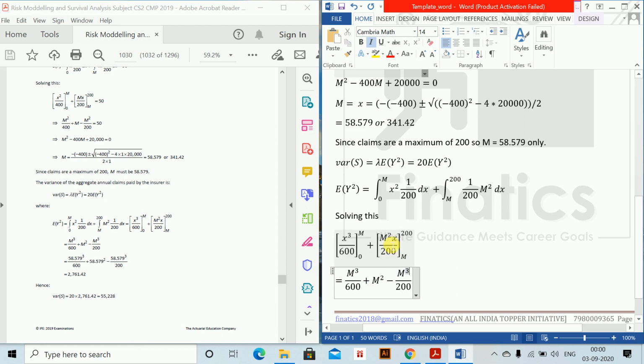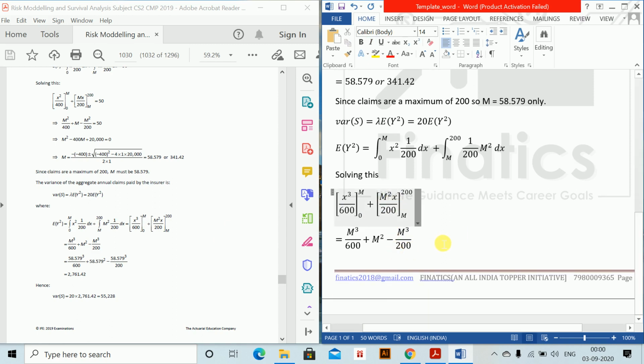Here also it is M cubed only instead of M square. This remains M squared only, and M cubed.